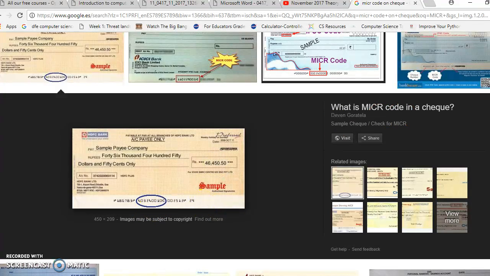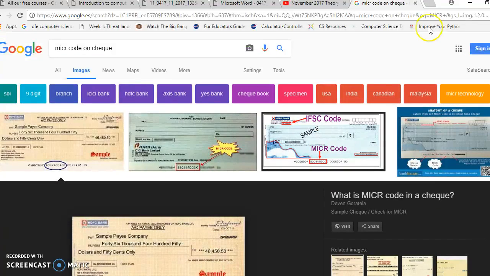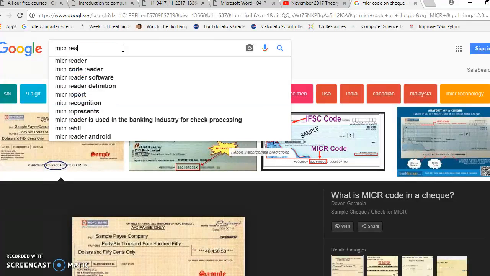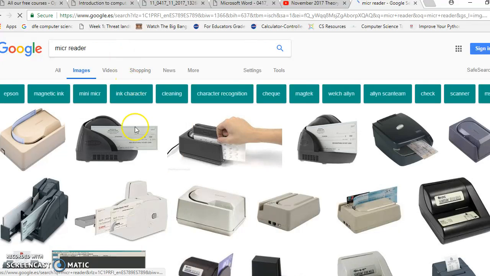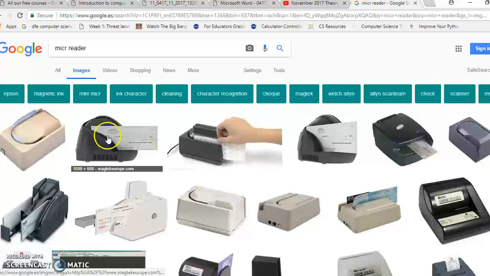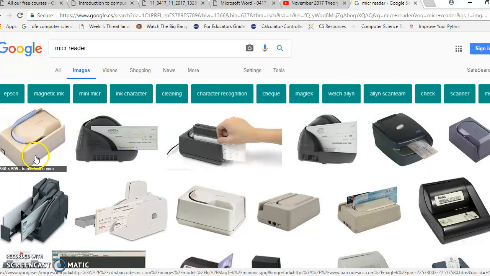So how they can detect that a check is false is because the ink is not normal ink. It contains particles of iron, I believe. And then it's read through a machine, which would only be able to pick up the magnetic waves. So here's the reader right here. That tiny little reader can do that. I remember these in the bank years ago.